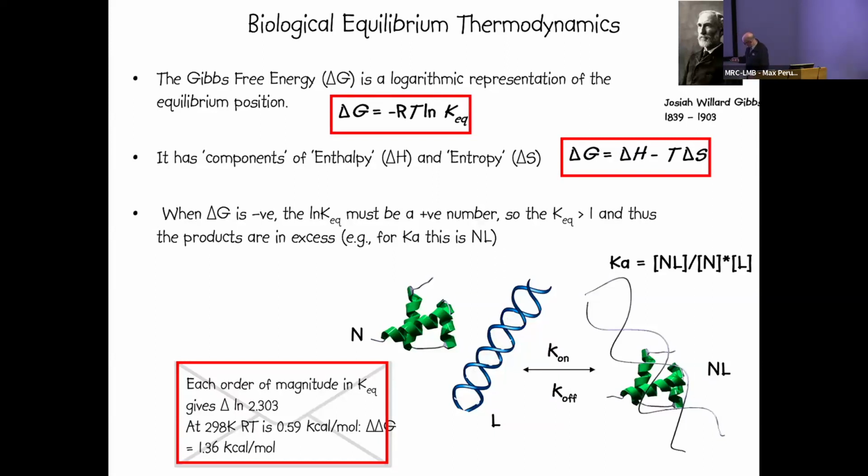complex. A useful back of an envelope calculation is that if you change the equilibrium constant by an order of magnitude, this gives a change in the log of 2.303. And at 25 degrees C, RT is equal to 0.59 kilocalories per mole.